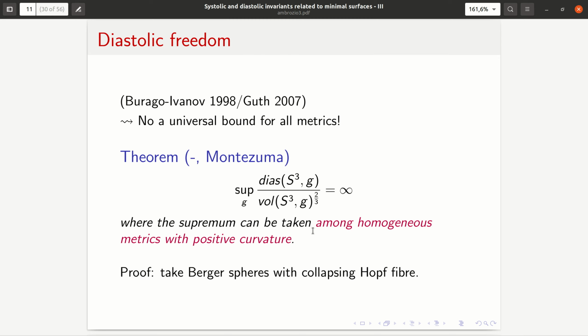Okay, so with Rafael Montezuma, we produced an explicit example displaying some interesting geometry.